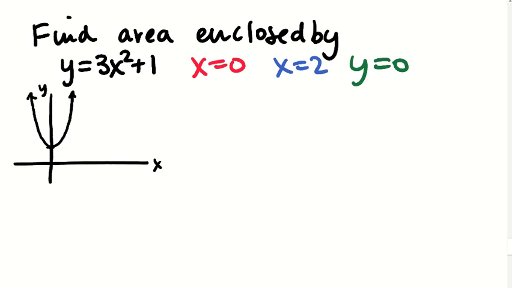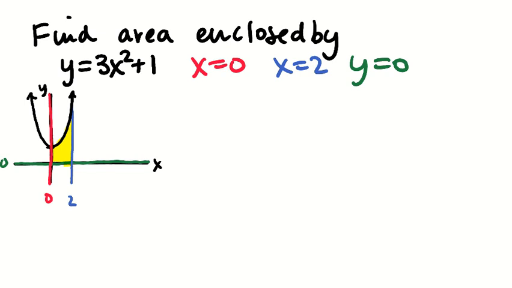Here we go. x equals 0. That is right here. It's the y-axis. x equals 2. I'll just make that maybe right here. And y equals 0. That's over here. That's the x-axis. So really what we're looking for is the area of the highlighted region.